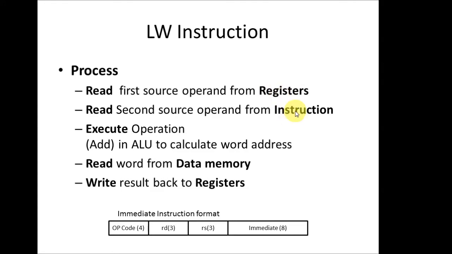It's an address. The immediate value is an offset to that pointer. We add those two together, and that's how we calculate our word address, which is what we use in the data memory to read the word from data memory and write the result back to registers, right?